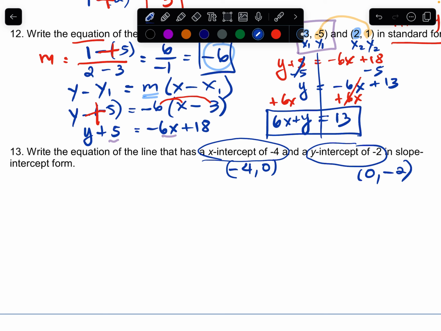Okay? So we need this in slope-intercept form, which is y is equal to mx plus b. All right, so now we need to know what is the slope of the line passing through these 2 points. So let's do this. Let's highlight the y's first because those go on top.